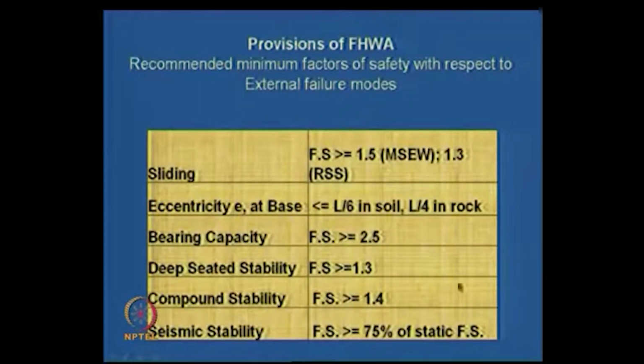Static factor of safety is how much? Say for example you have 1.5 here, then that is without any earthquake force. But if you consider the earthquake force in the calculations, you take 0.75 of the static factor of safety, and 1.5 times 0.75 will be the value that you should get.